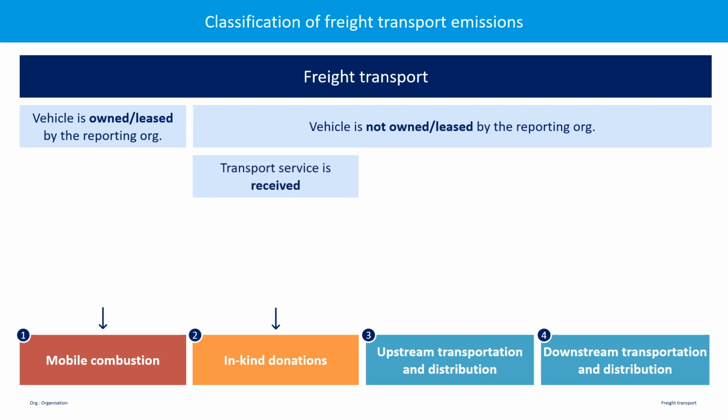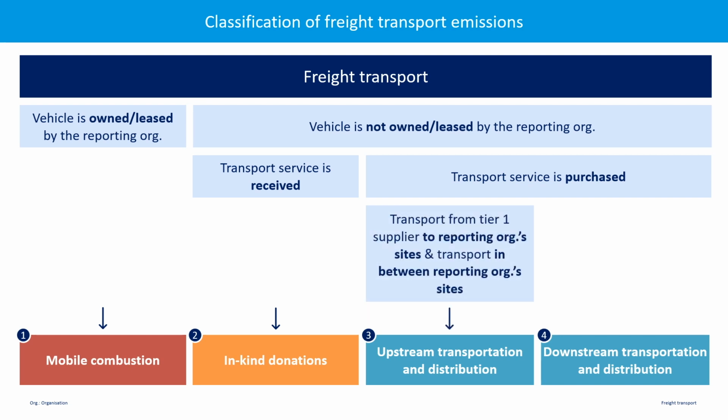If the reporting organization receives the transport service, so a transport in-kind donation, then the emissions resulting from that transport would fall under the in-kind donations emissions category. If the reporting organization does not receive the transport service, so it pays for it, then the emissions resulting from the paid transport would fall under the 2 remaining categories.